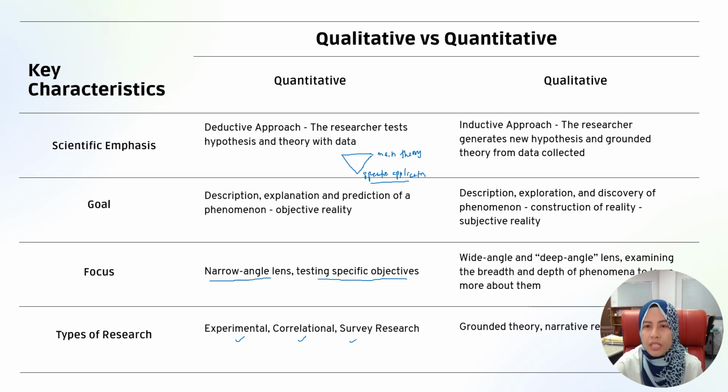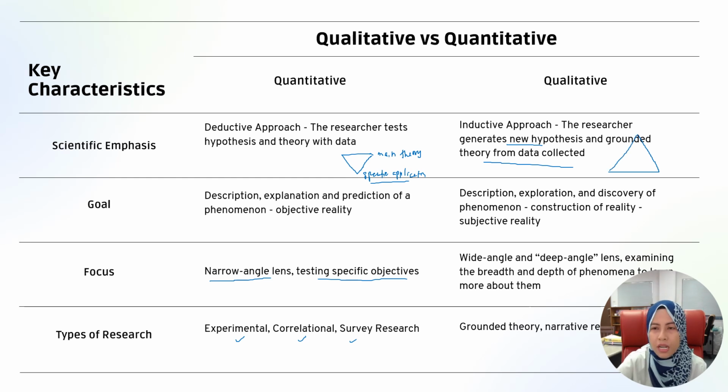Whereas qualitative is the researcher generate new hypotheses and grounded theory from the data collected. So meaning that they collect the data, they observe on what's happening, and then only come up with solution. Due to the nature of observing things that happen without setting any parameters or any boundary, you come from a bigger thing and then you relate it with the theory.